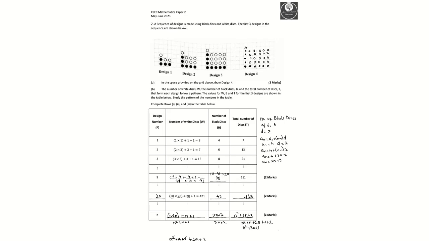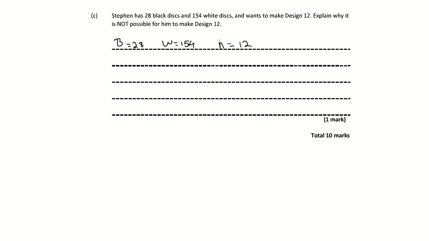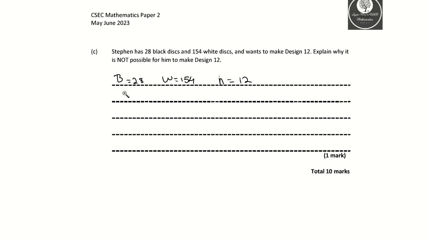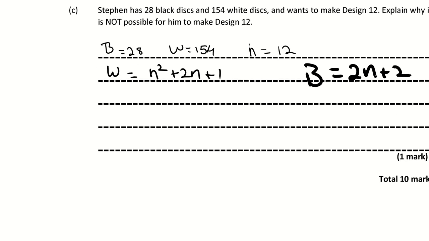So when N is equal to 12, alright, hold on. For the white disc, what was the formula? N squared plus 2N plus 1, was that the formula? Yeah. And for the black disc it was 2N plus 2. So first let's find out how many white discs.